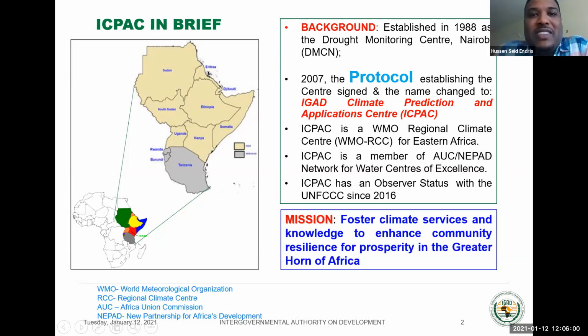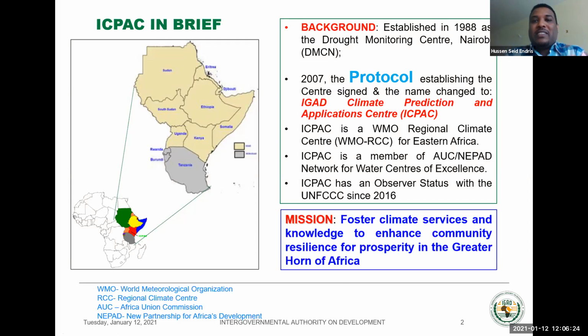ICPAC was established in 1998 as a drought monitoring center in Nairobi. Then in 2007, there was a protocol to establish the center. Then it was signed and the name changed to IGAD Climate Prediction and Application Center.